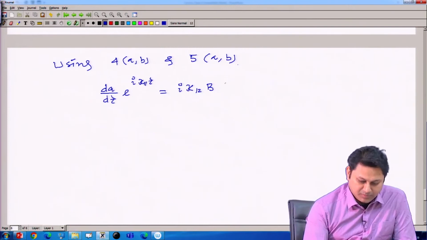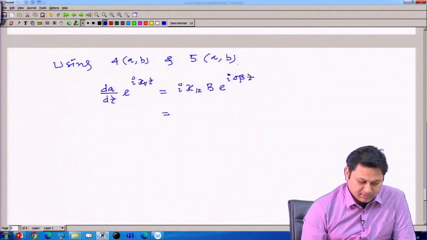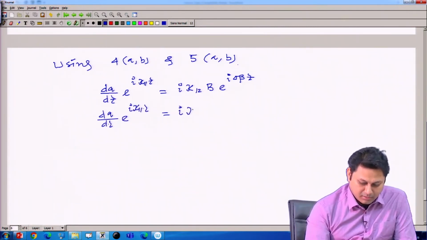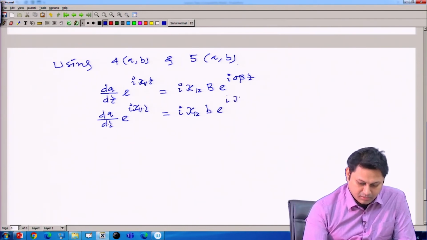So, it should be B e to the power of i delta beta z, it was original in the equation. So dA/dz e to the power i kappa 11 z is i kappa 12 B. I can write B as small b e to the power of i kappa 22 z into e to the power of i delta beta z.